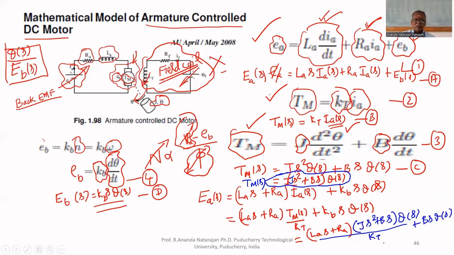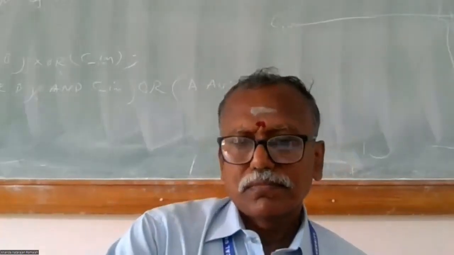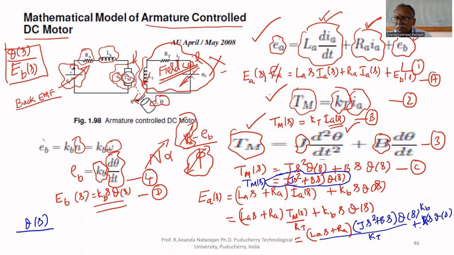Now we can find theta of S upon EA of S. Therefore, theta of S upon EA of S equal to, you bring everything here, what will you get?